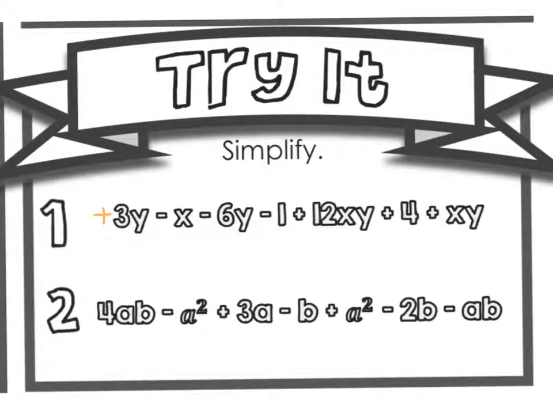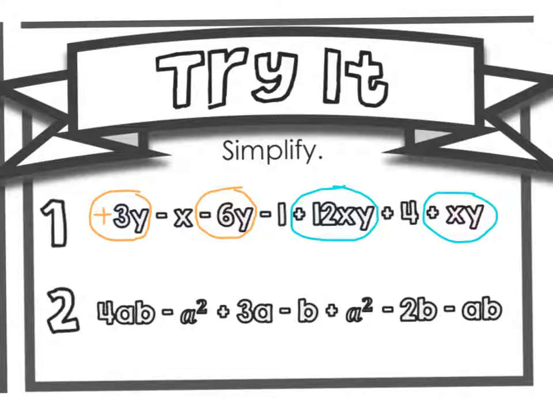I'm going to use orange here for all the y's, and I always take the sign in front of it. Those are the only y's. Then I see that I have xy. So I take the sign in front of that, and I take the sign in front of that.